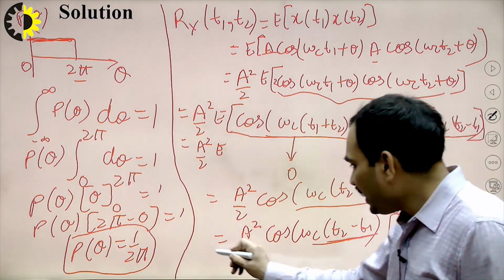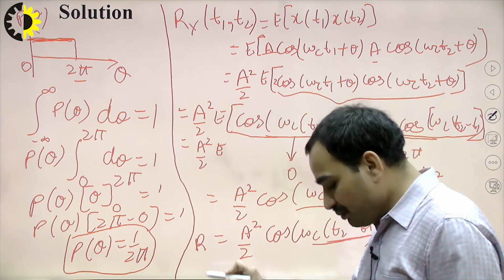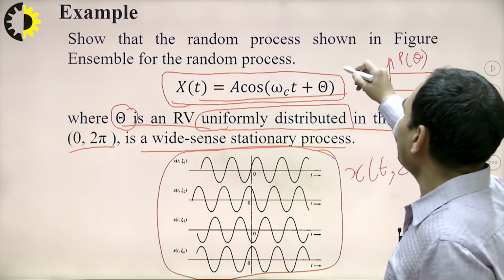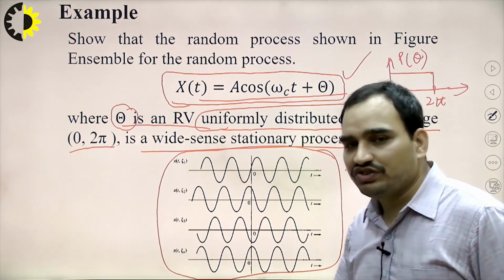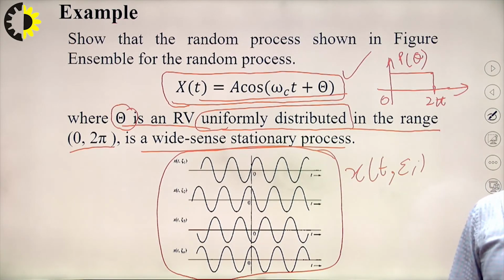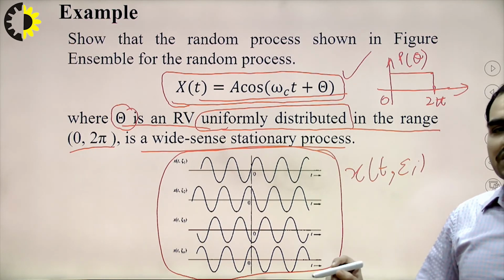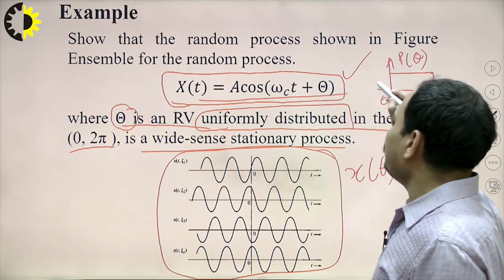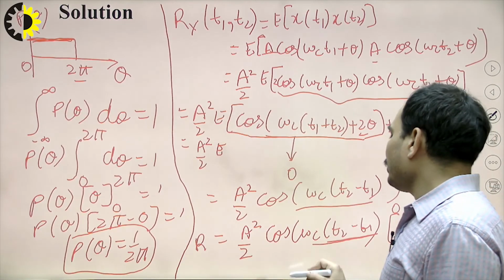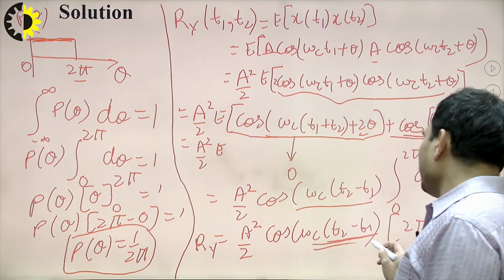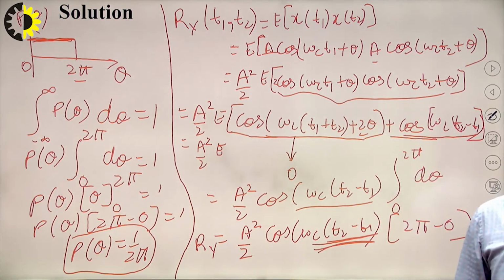So this proves that this random process x(t) is wide sense stationary: the mean is constant, and the autocorrelation function is dependent on the difference of the time.